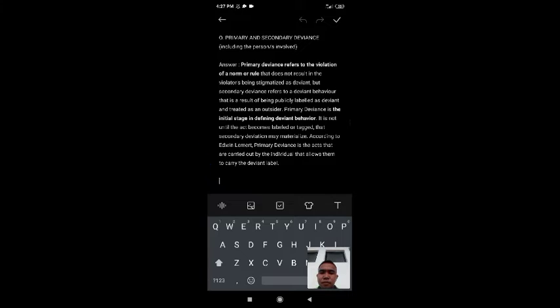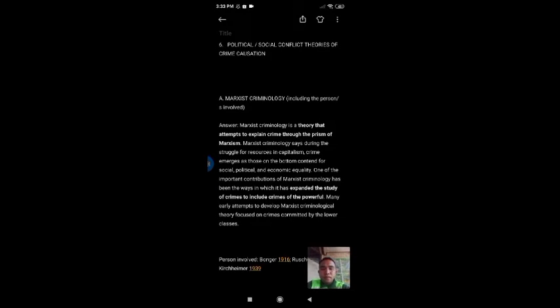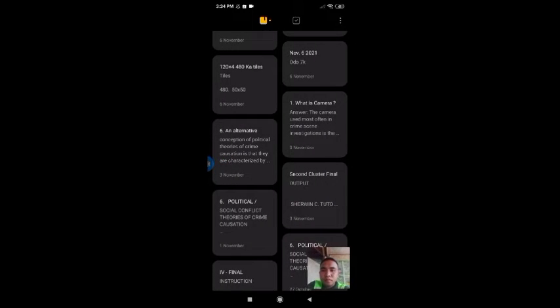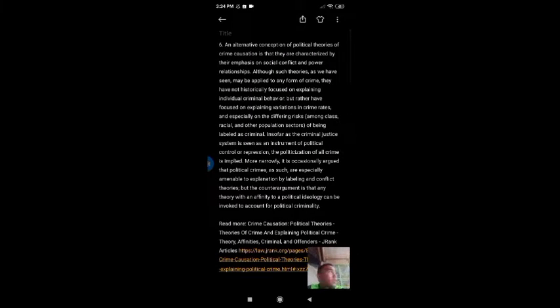So the last theory is the political and social conflict theories of crime causation. An alternative conception of political theories of crime causation is that they are characterized by their emphasis on social conflict and power relationships.